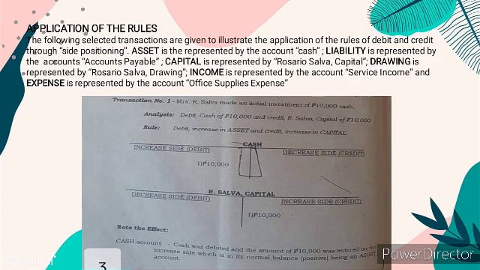And then the drawing is represented by Rosario Salva, Drawing. Income is represented by the account income or revenue, like service revenue or service income. And lastly, expense is represented by the account office supplies expense. Other examples of expense are rent or utilities.